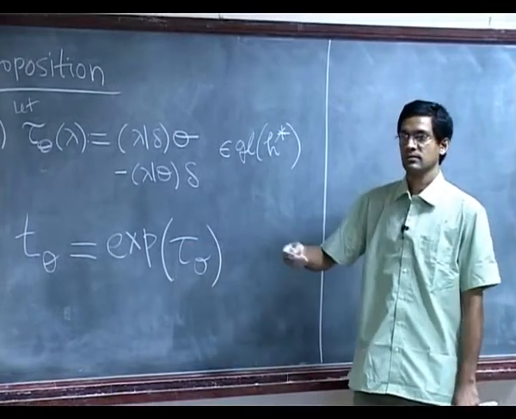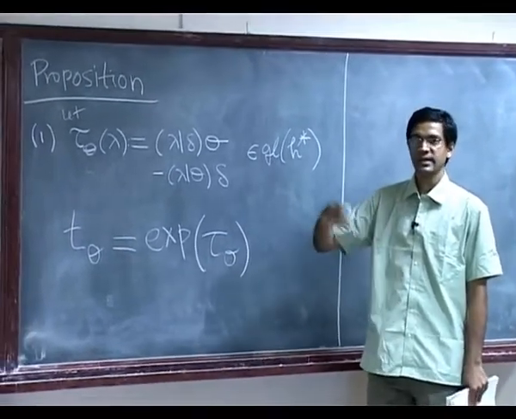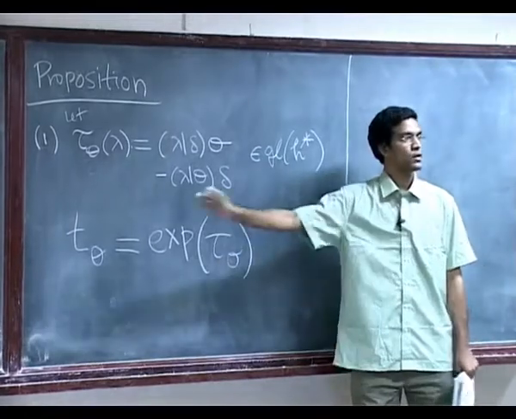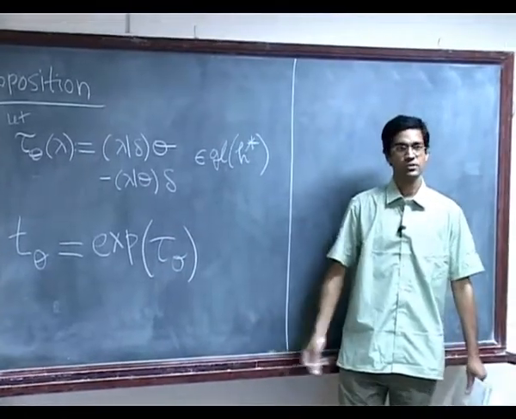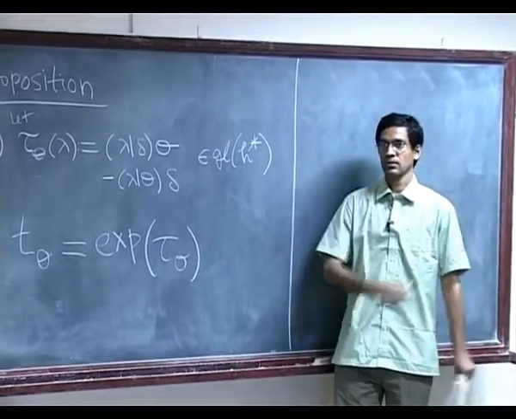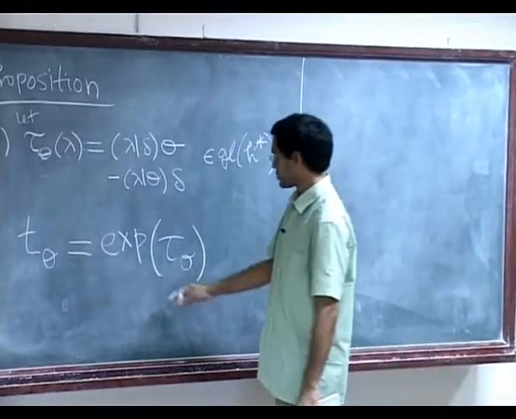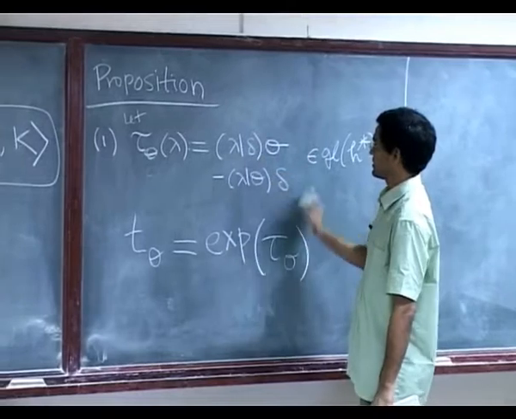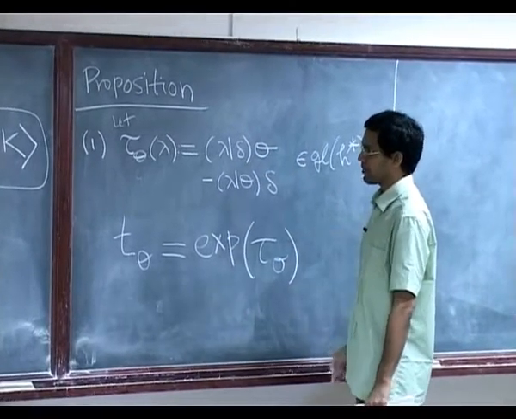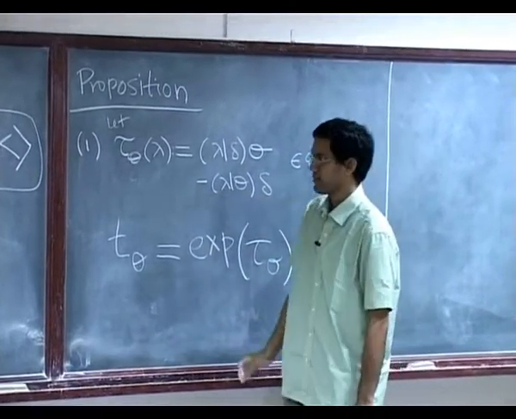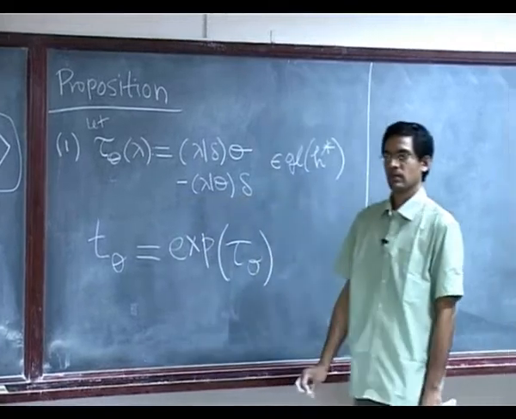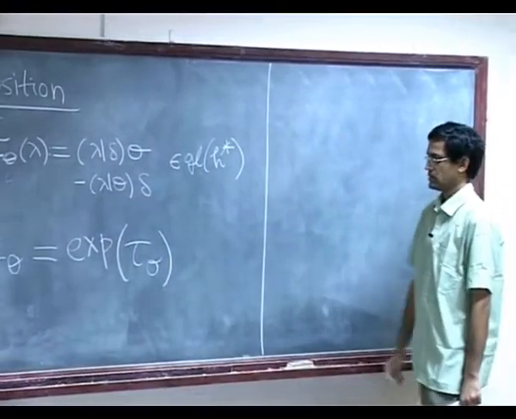It is just e power a is identity plus a plus a square over 2 factorial plus a cubed over 3 factorial and so on. It is a convergent series. You have to sum the series up, and the claim is if you do that starting with this rank at most 2 operator, what you get is exactly that funny looking formula there. So let us check.